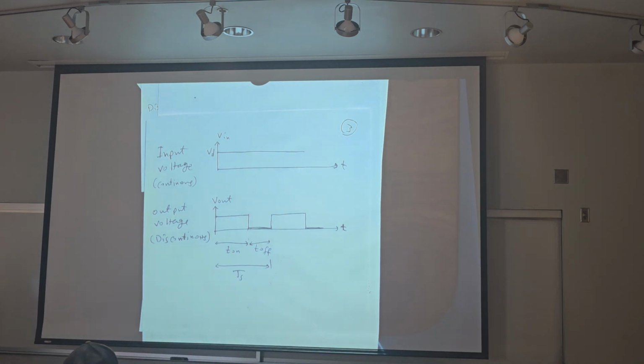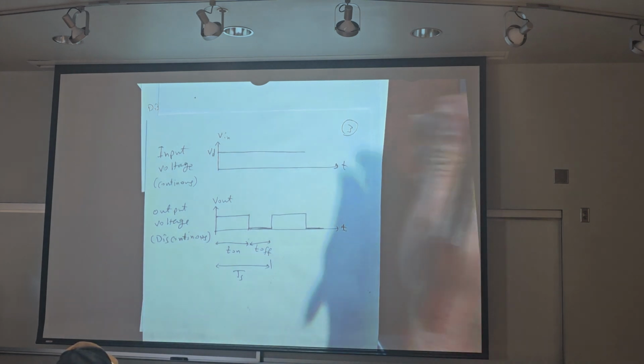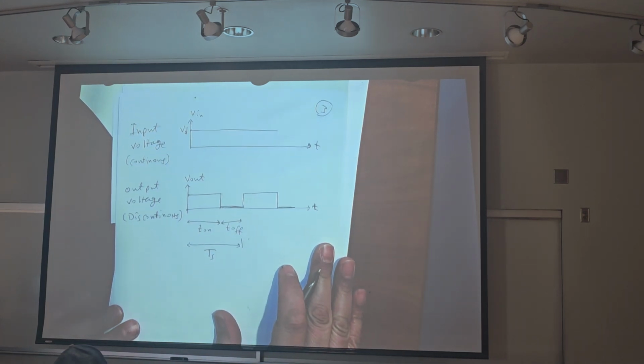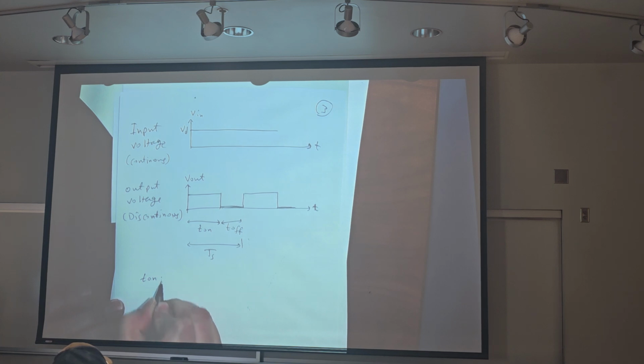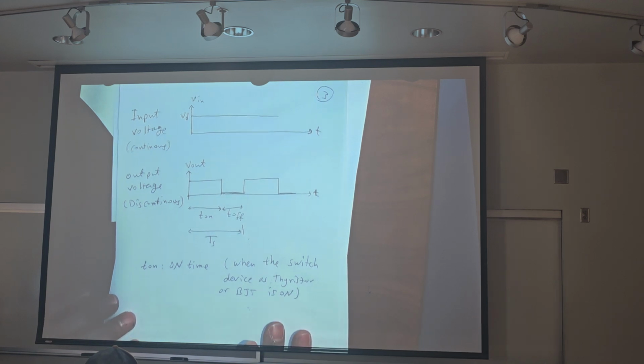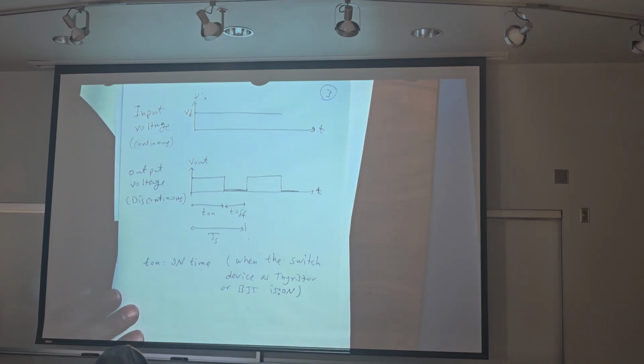So now, T on is when the switch device, thyristor or BJT, is on.